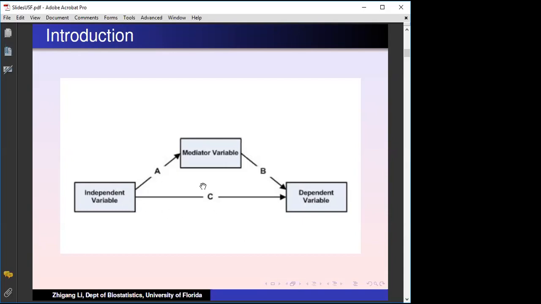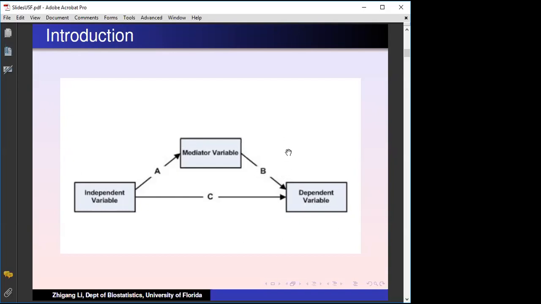Because you have a causal effect from the independent variable to the confounder, and then this confounder has an effect on this dependent variable. Then now you have two mediators in this model, so you should change your model. The model needs to be modified basically to accommodate that. And a simple triangle model will not be good enough.